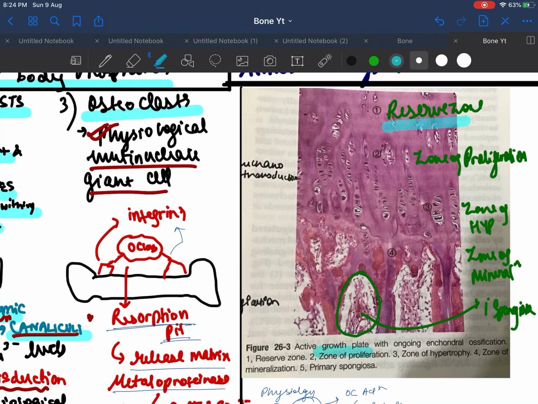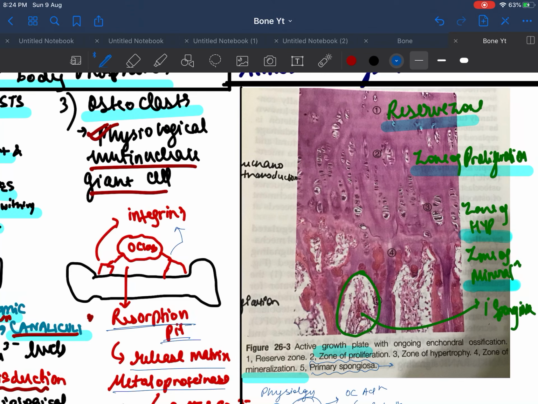So first we have a reserve zone, then we have the zone of proliferation of the chondrocytes. This zone is the zone of hypertrophy, you can see the increase. Then we have the zone of mineralization. What does mineralization mean? It means calcium and phosphorus deposition, forming hydroxyapatite. And at the end, this word is very important, this is the primary spongiosa.